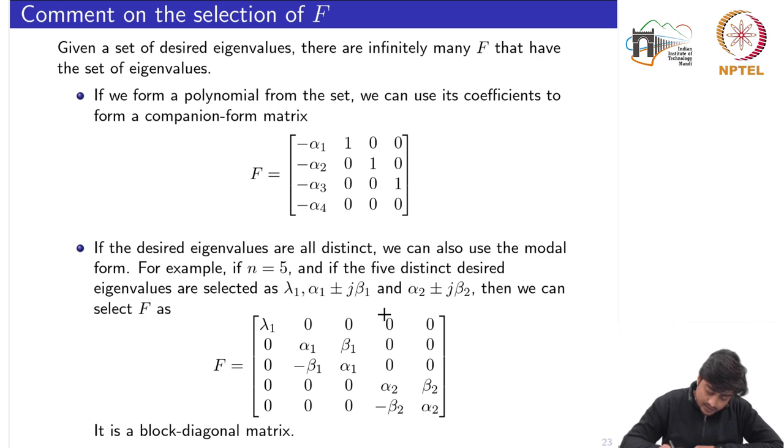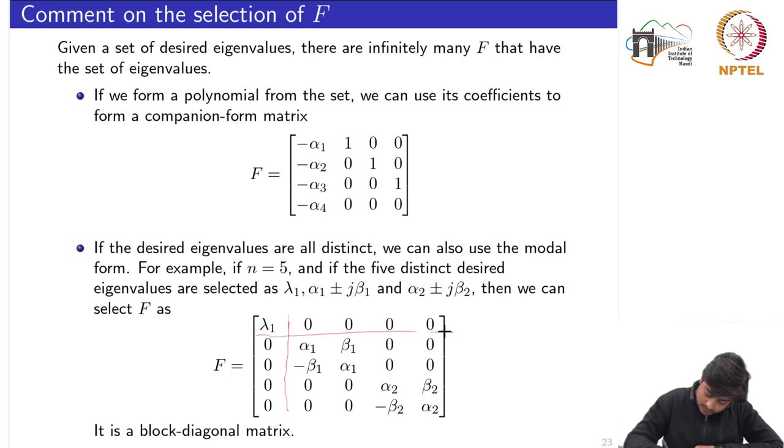Now this particular F matrix we have also seen in some of the tutorial problems. Let's say if there are some complex eigenvalues and we want to specify a real matrix, then we can write the complex eigenvalues as this block, and the complex eigenvalues should definitely occur with their conjugate pair. Okay, so here it contains 5 eigenvalues and it is a block diagonal matrix.